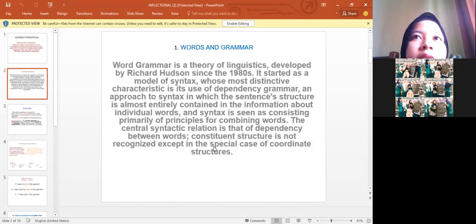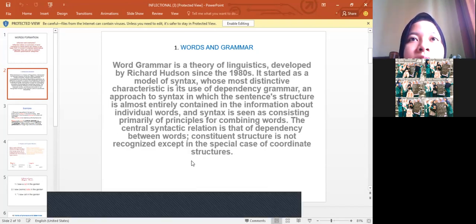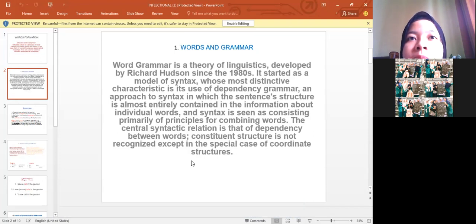And the first is words and grammar. Word grammar is a theory of linguistics developed by Richard Hudson since the 1980s. It started as a model of syntax whose most distinctive characteristic is its use of dependency grammar, an approach to syntax in which the sentence structure is almost entirely contained in the information about individual words, and syntax is seen as consisting primarily of principles for combining words.